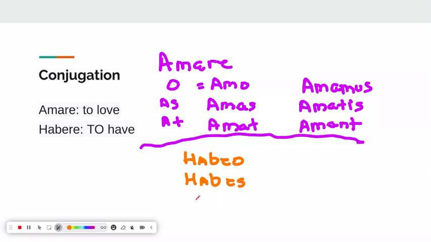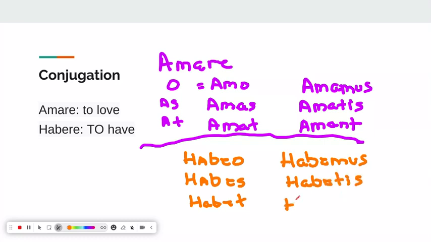Habes, habet. So it would be eo, s, et. Instead of an a, you're just using an e for this plural. Habemus. Habetis. And habent.